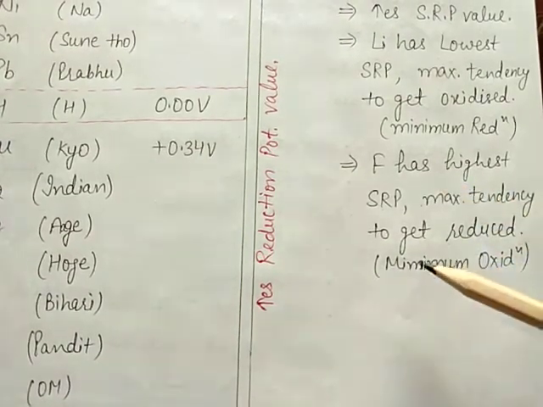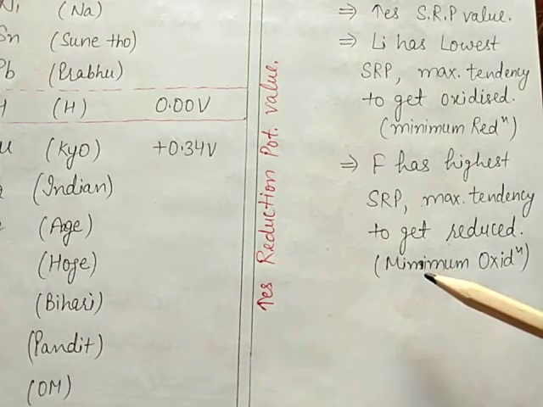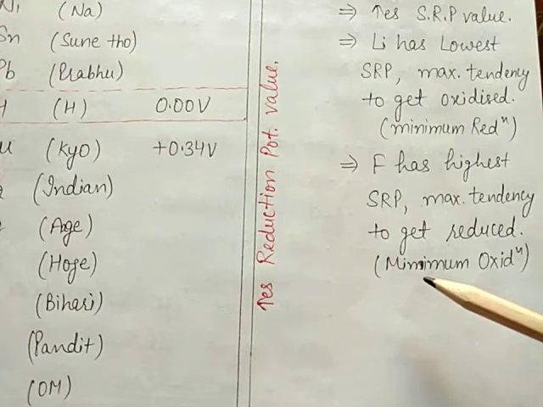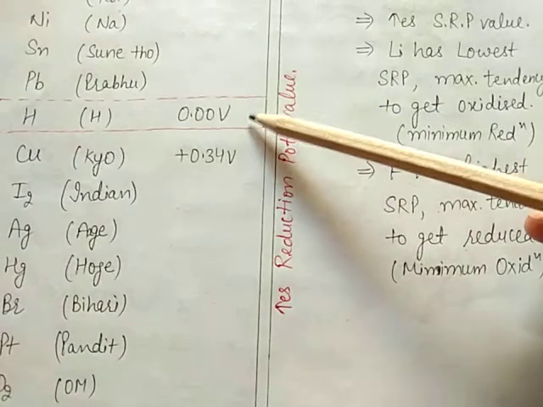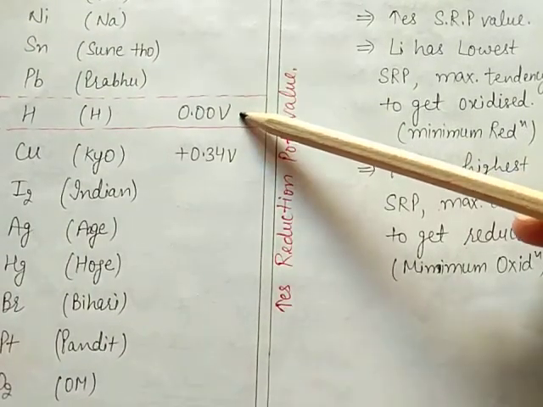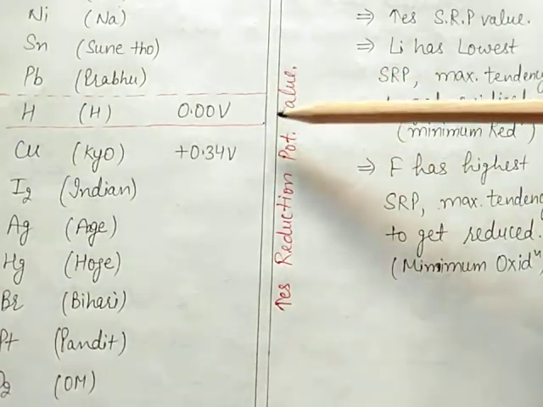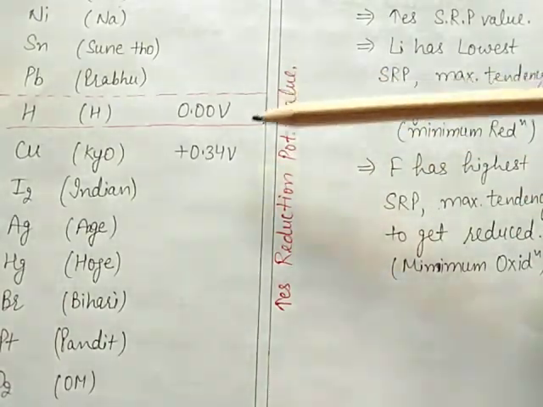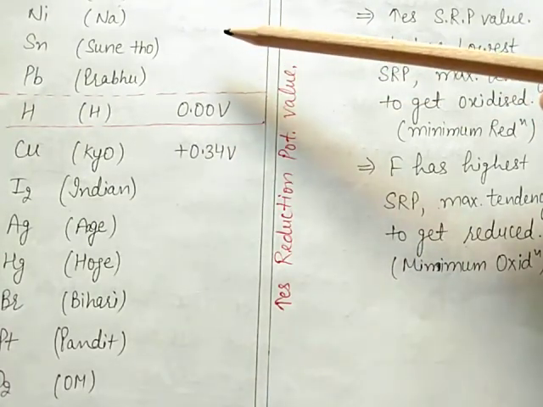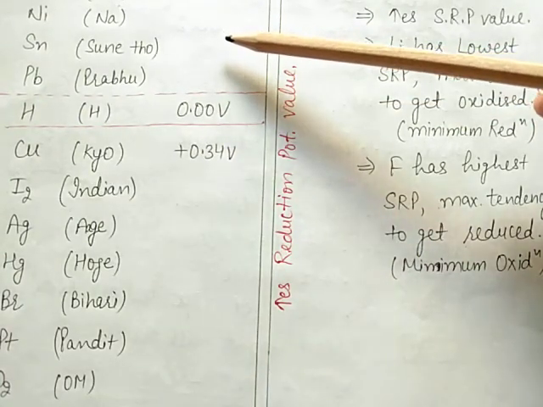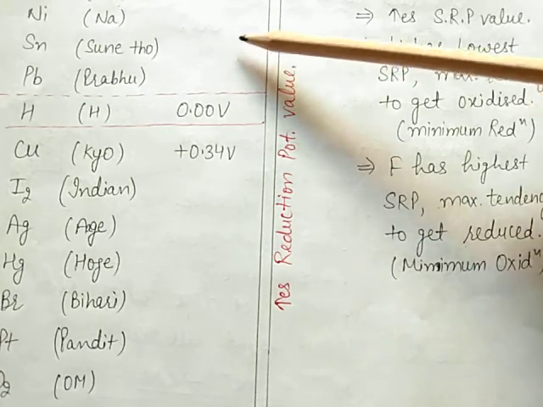With the help of this series, we can easily find out which element can displace hydrogen from its compound. This is the standard hydrogen reduction potential. The element with the negative sign, means above hydrogen, negative sign of reduction potential, can displace hydrogen from its compound.